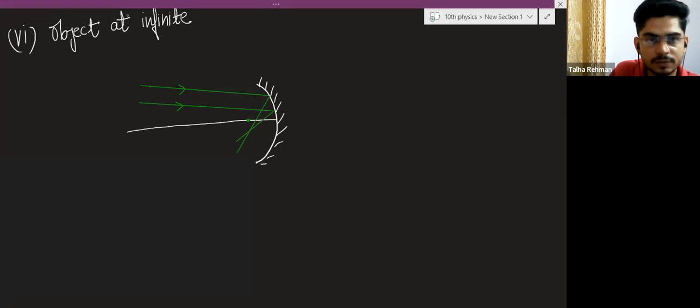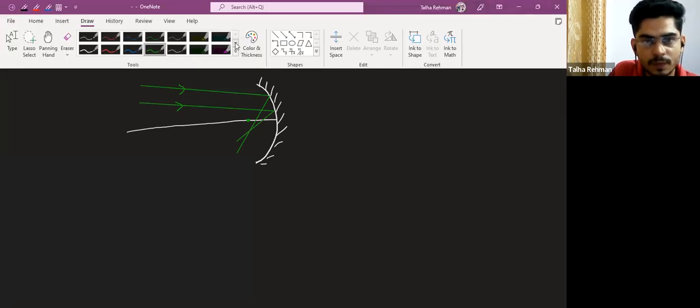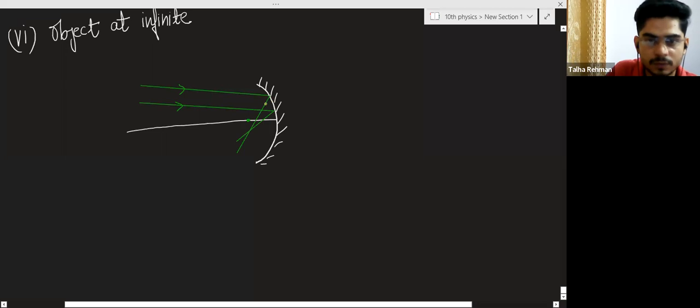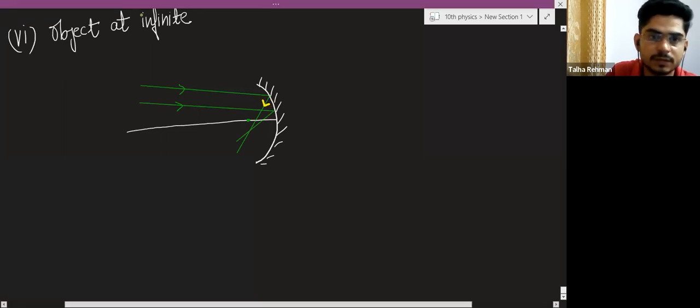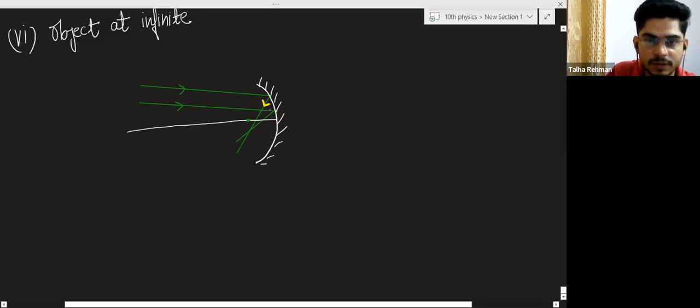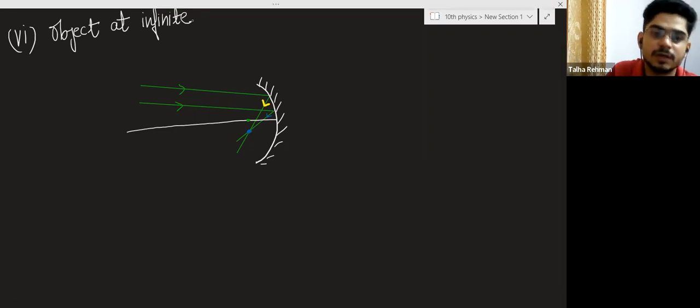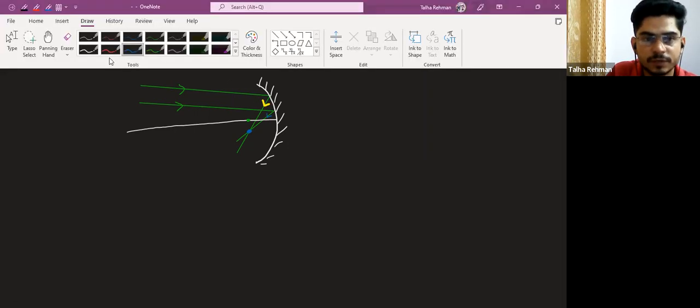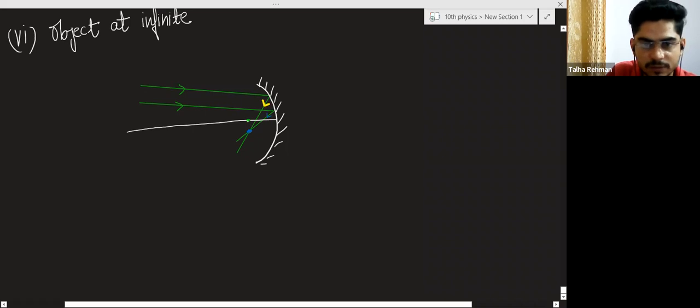Parallel rays, and after reflection, this ray is like this, and this ray is like this. Okay, and these rays are meeting here, and we get the image. We get the image like this.